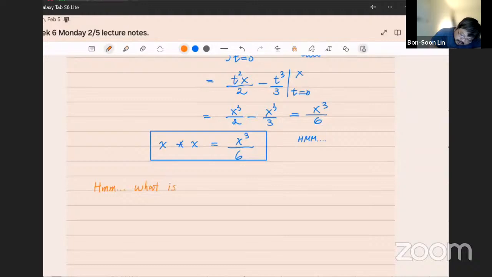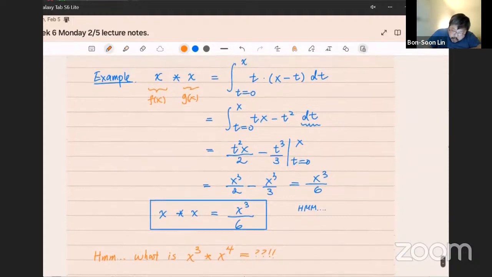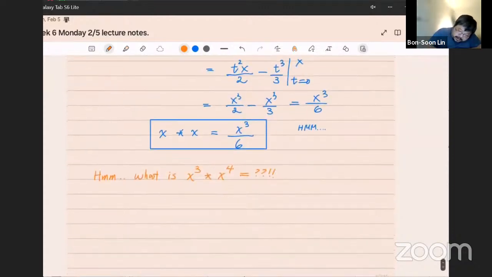What is x to the 3rd star x to the 4th? Now, of course, we could always use the definition of convolution, which is f of t times g of x minus t. But this is going to be a little bit of work.